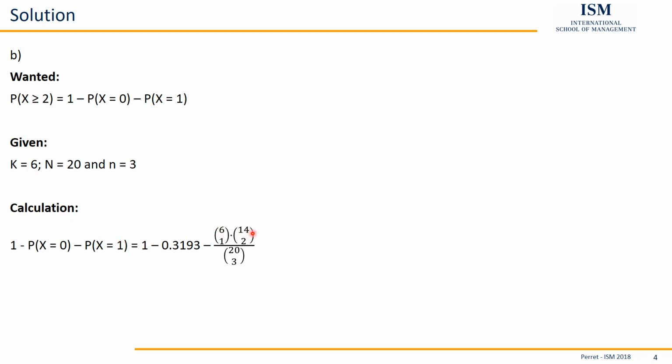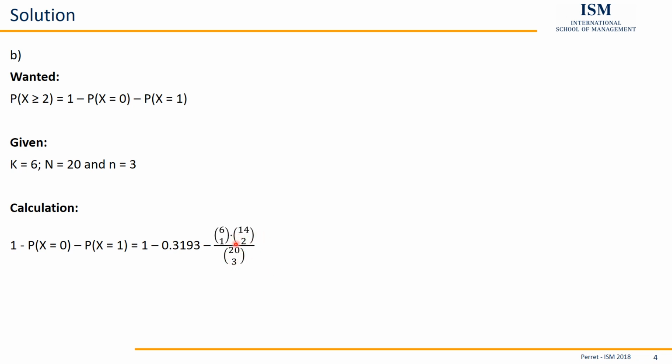That's this one. Large N minus large K, that's the 20 minus the 6. Small n minus small k, so 3 minus 1 gives us the 2. And finally divided by large N over small n, 20 over 3.